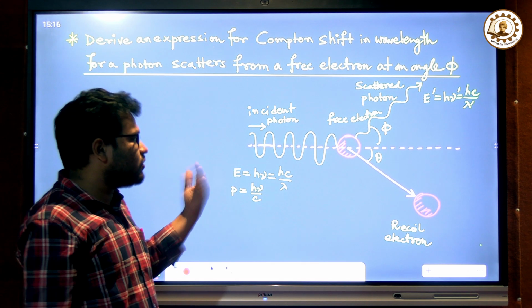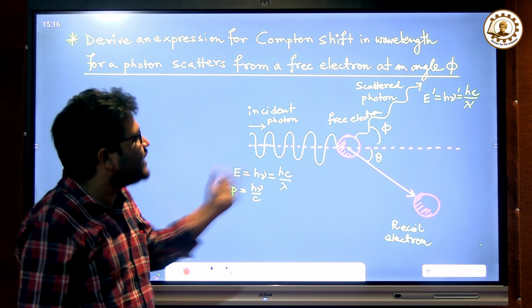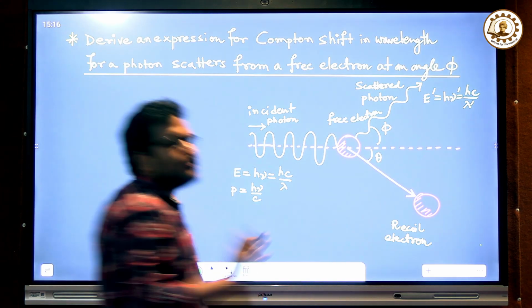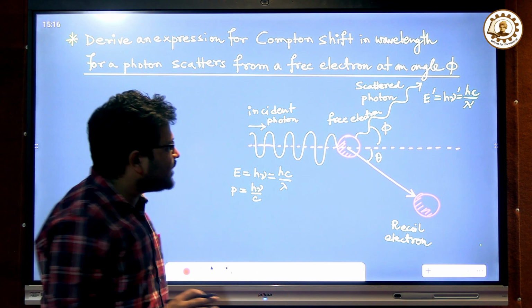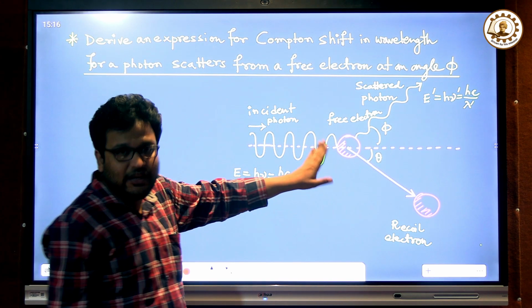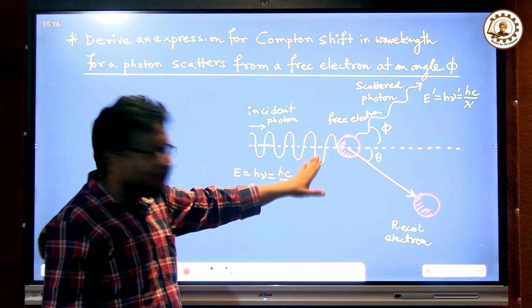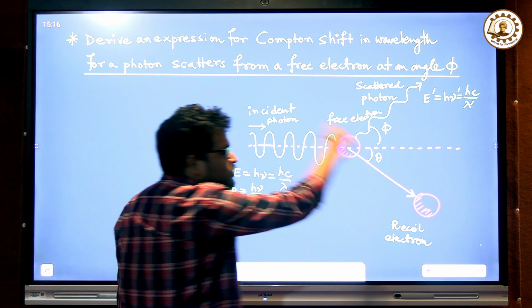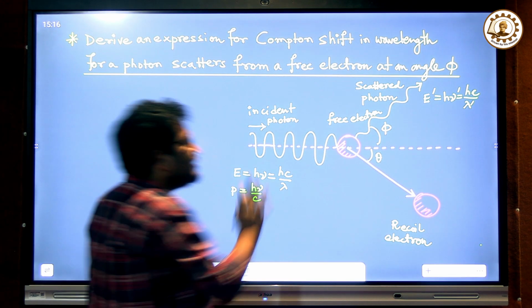Initially, before the collision has taken place, the energy of this electron was nothing but rest mass energy. As we all know, this electron is at rest, so it does not have any motion. Thereby, it does not initially have kinetic energy. So all the energy in its position of rest will be simply rest mass energy.